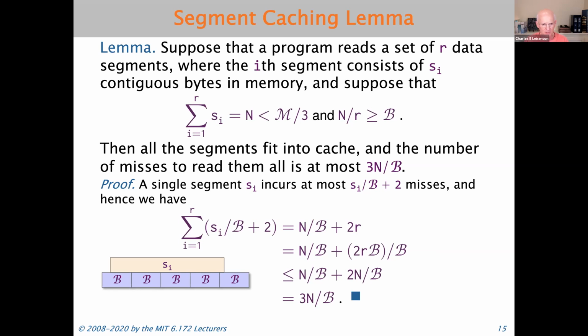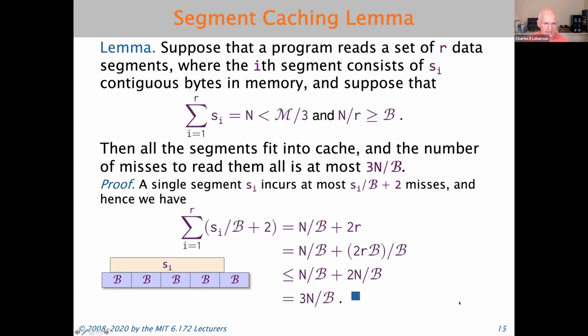Now observe what is rB? By our assumption, n over r is greater than or equal to B. So that means n is greater than or equal to rB, or rB is less than or equal to n. So I can replace that, and I get the second to last line here. So it's n over B plus 2n over B. Oh my goodness, that's 3n over B, and that's what we wanted to show.